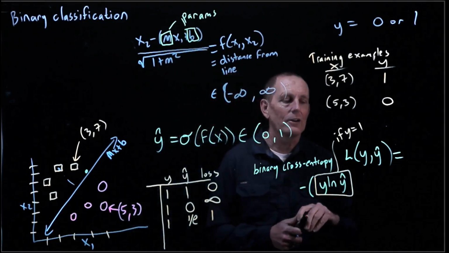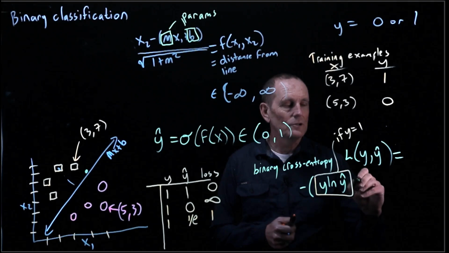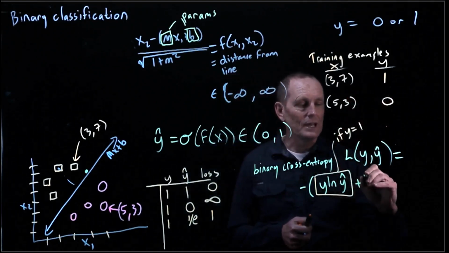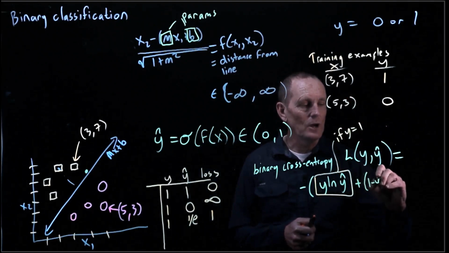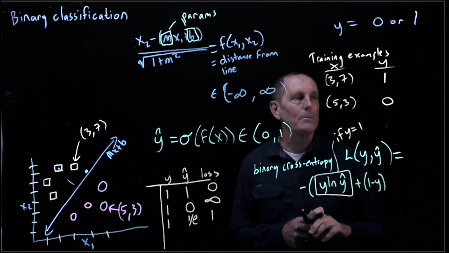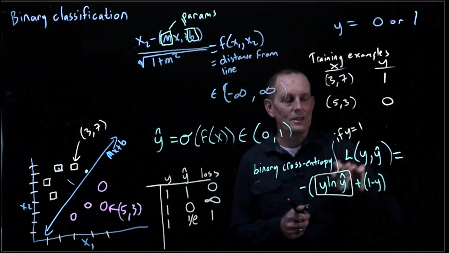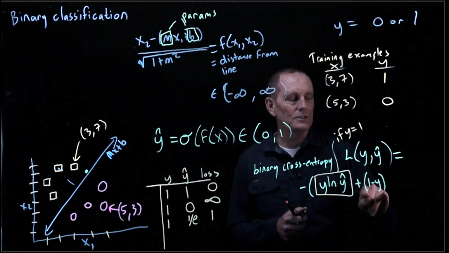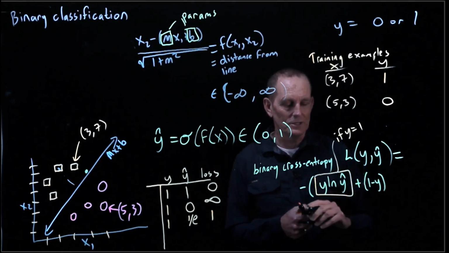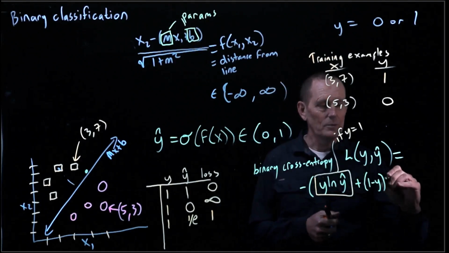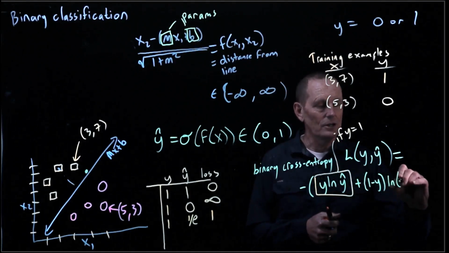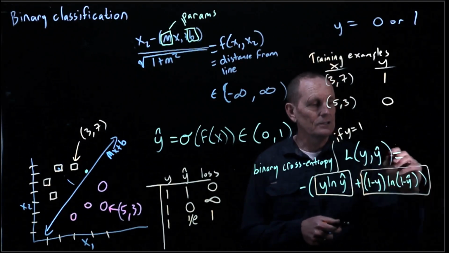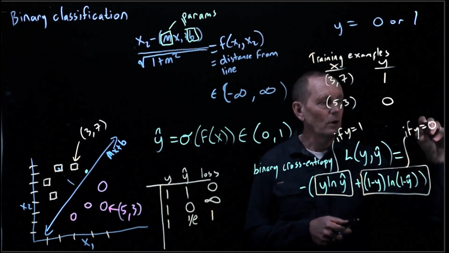And then we just need to take care of the other case, where y is 0. So in that case, we'll take a 1 minus y. Basically, if y is 0, then this term goes to 0. If y is 1, this term goes to 0. So only one of these terms is going to be relevant. So this is 1 minus y, times log of 1 minus y hat, and again, this term is for the case where y equals 0.